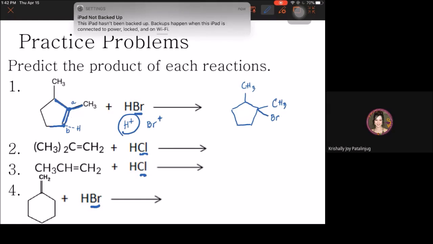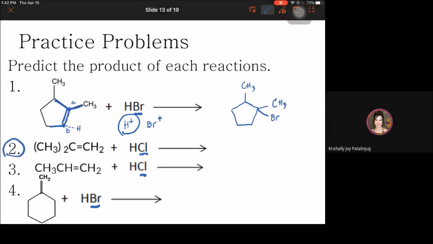Alright? Let's continue. Number 2, this is addition of hydrogen chloride. So the electrophiles produced are H plus and Cl plus. So where does the H plus go? Compare, this carbon has no hydrogen, because it has two CH3 groups plus a double bond, so four bonds. Okay? So, 0 hydrogen substituent.